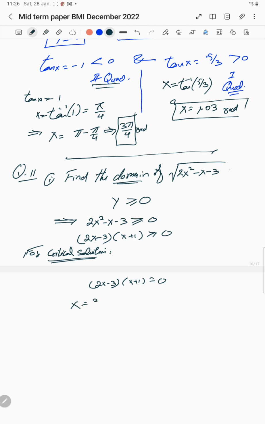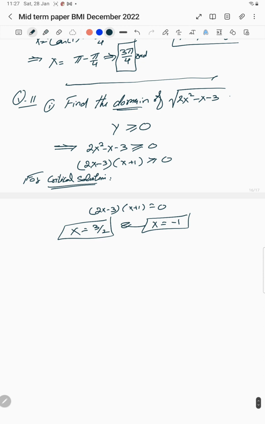So x will give me 3 by 2 and x will be minus 1, these are two roots of this expression. So my final values of domain will be x is less than or equal to -1 and it is bigger than or equal to 3 by 2 or 1.5. This is the first answer.